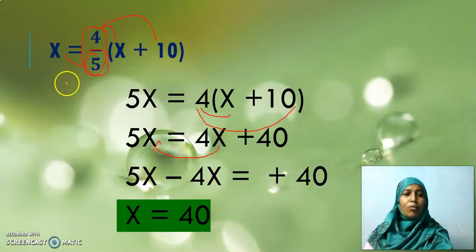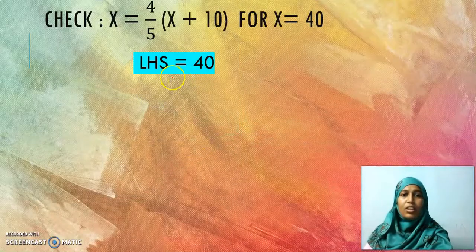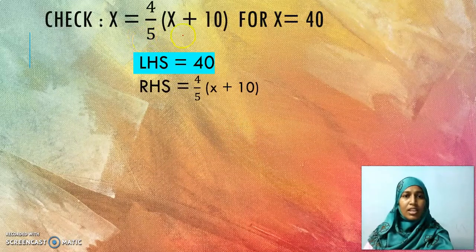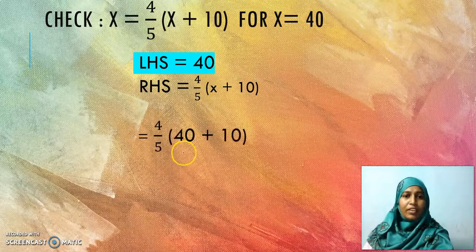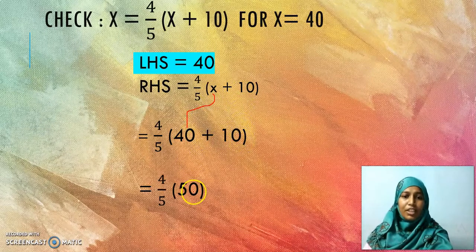I have to check whether it satisfies this equation. LHS is 40. There is nothing to substitute and simplify. Now what is there in RHS? I have 4 by 5 into (x plus 10). In this RHS, I have to substitute the value x equals 40. 4 by 5 as it is, and in the place of x I have placed 40, and this is 10. 40 plus 10 is 50.